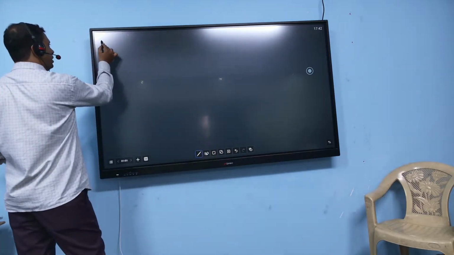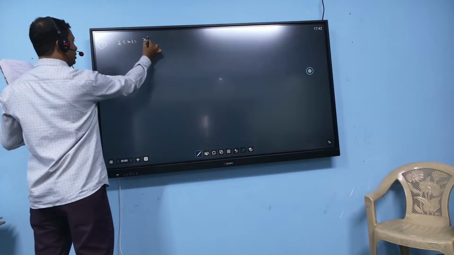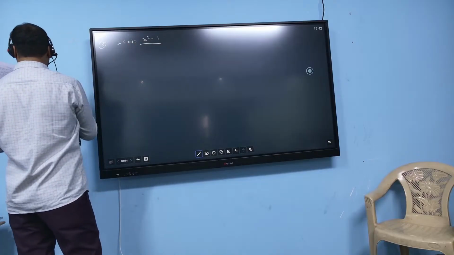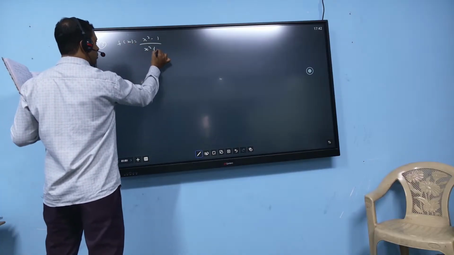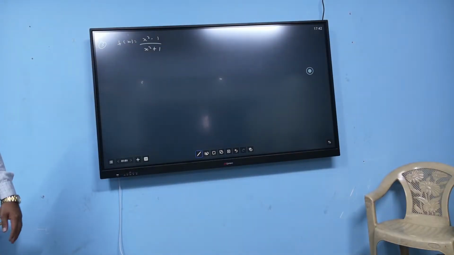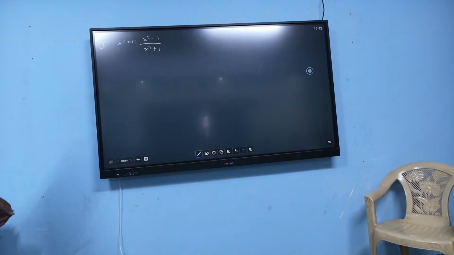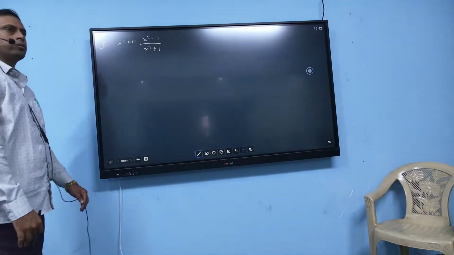Problem number third. F of x is equal to x square minus 1 divided by x square plus 1. Find the range. So first, what we have to take?